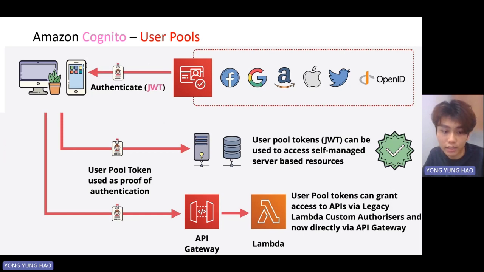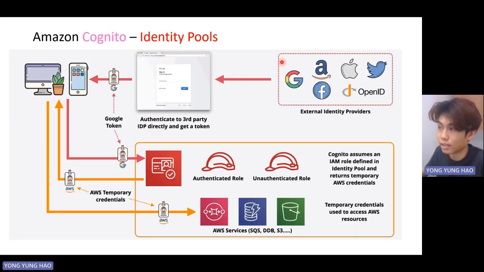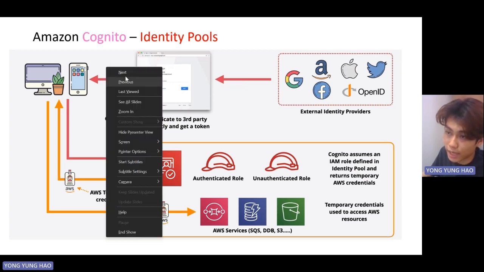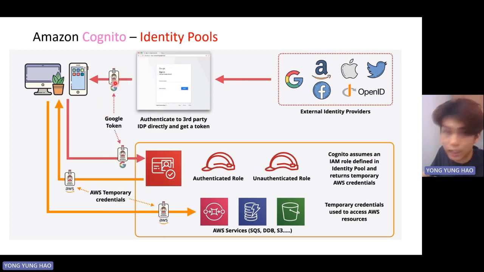Then next we go to the identity pool. Here, for the social sign-ons, we authenticate the social sign-in with the third-party IDP, then we get the Google API token, and then we pass it to the identity pool. Now the identity pool usually has two roles: an authenticated role and an unauthenticated role.